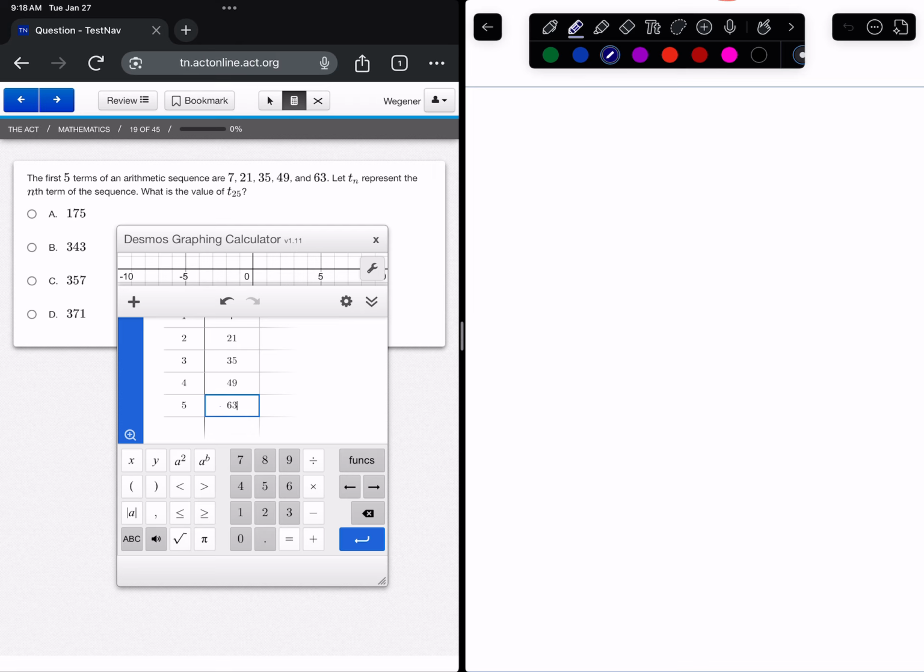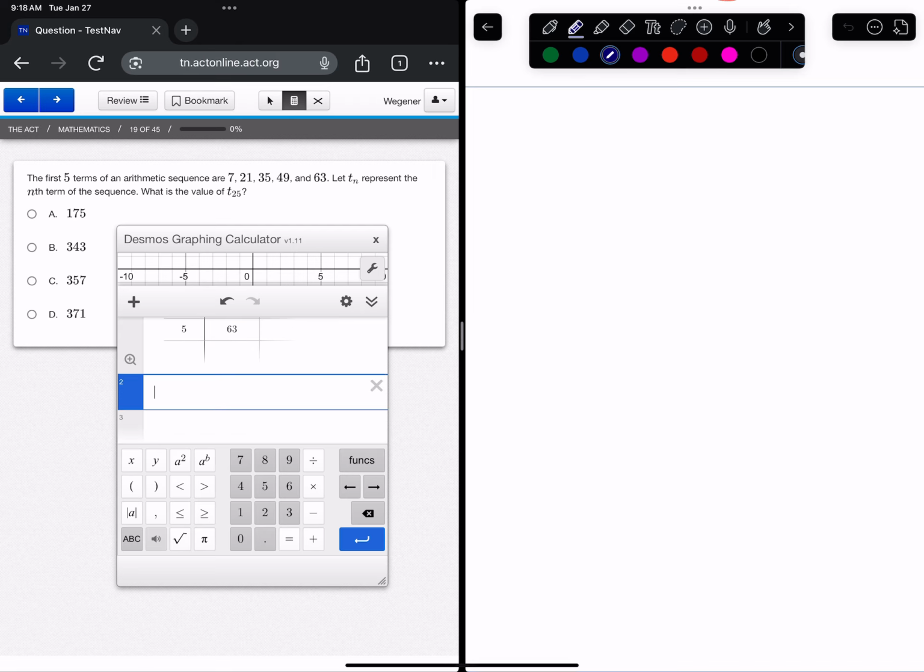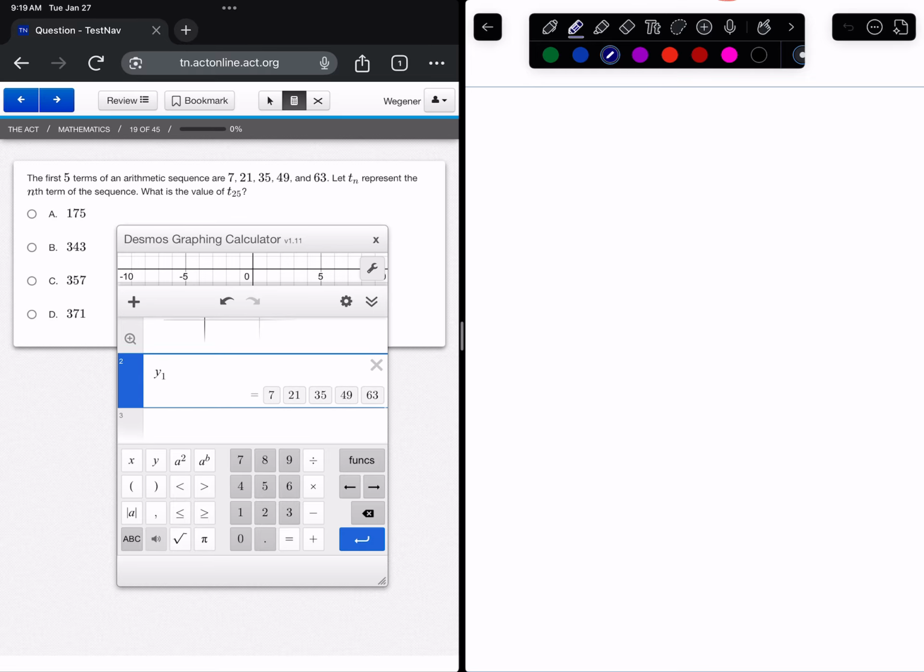And so what we need to do is find an equation that can give us future points. So we have to use regression analysis for this. So we're gonna go ahead and put in y1, and that's gonna give us all our y values, all the points that we just put in the table.